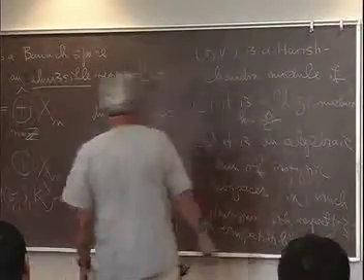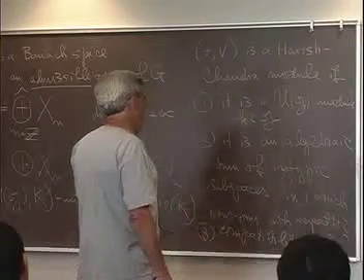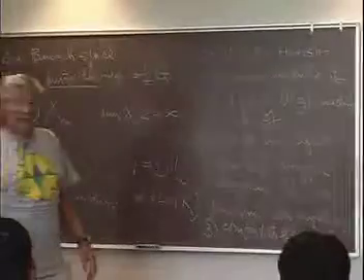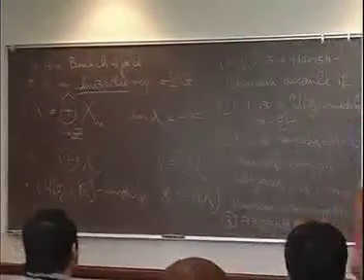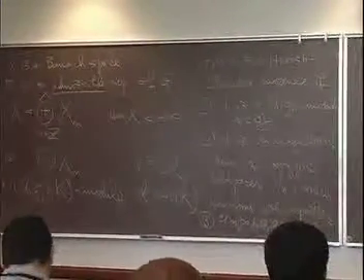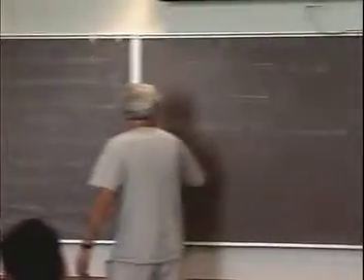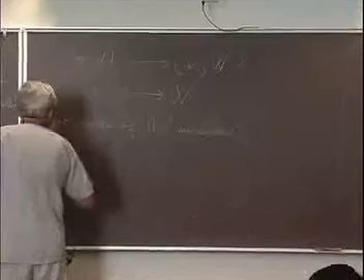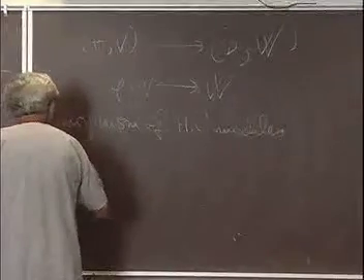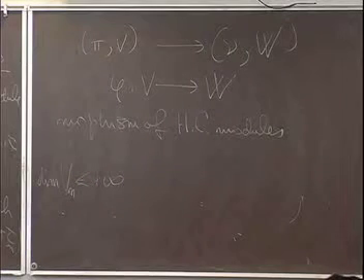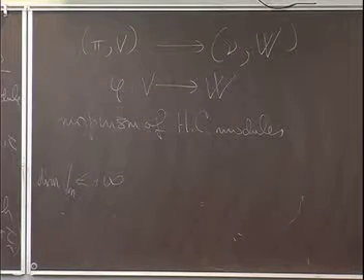I actually even didn't put it, but I wanted to put it. So let me put here now: the dimension of V_n is finite. Sometimes you want to assume finite generation as a U of G module.